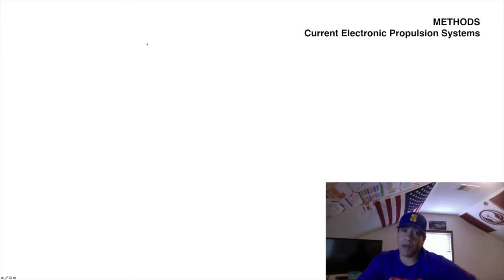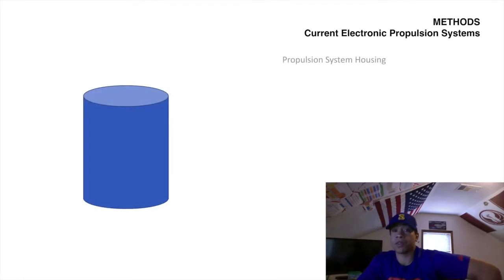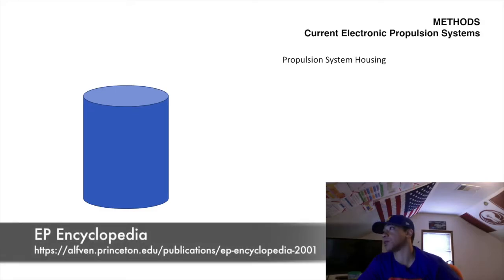First, we're going to talk about the methods of current electronic propulsion systems. This involves a propulsion system housing, which would contain the gases and all the parts of the system. I can provide some links for you guys to look up some of the common methods. I have an article from Princeton that I think I'll attach here.